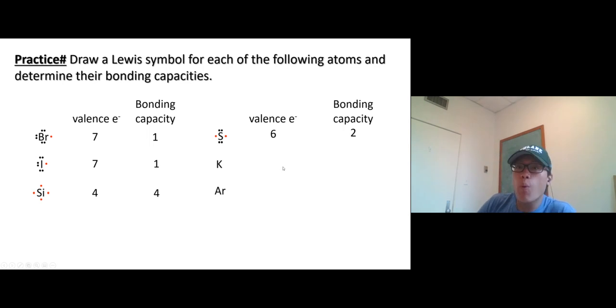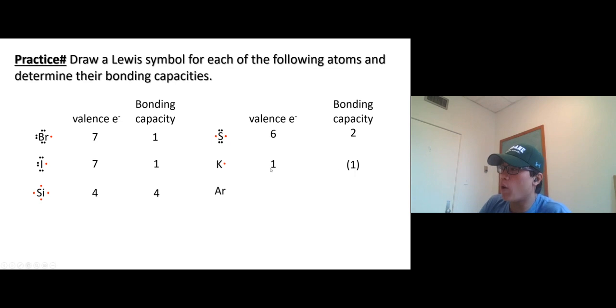Now potassium, group 1, has 1 valence electron. The bonding capacity depends on how you look at it. Potassium does not form a covalent bond, because that one electron will be lost. If you think about covalent bonds, potassium doesn't form them, but if you want to count ionic bonds, it's just 1.